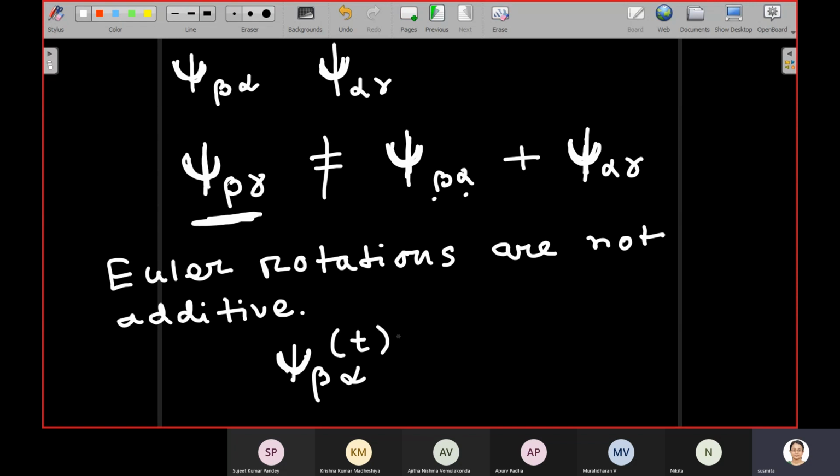What if the alpha frame is changing its orientation? It's not necessary that at t plus 1 or at some other time t1 you will have the same Euler attitude. If the alpha frame or beta frame is changing orientation, you will not get the same Euler attitude, right?